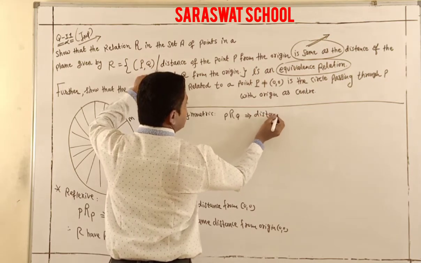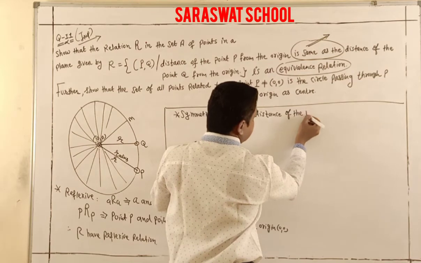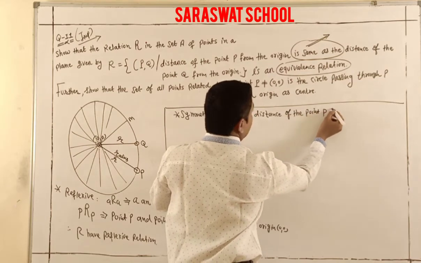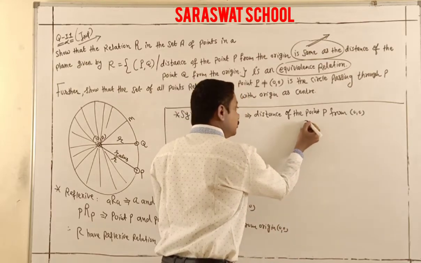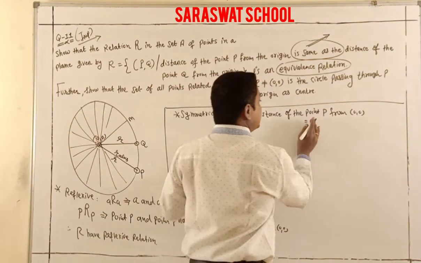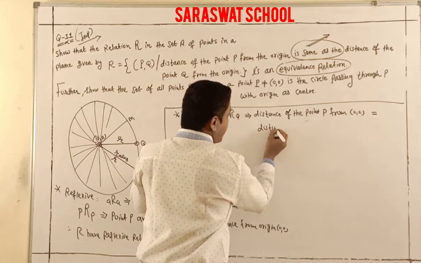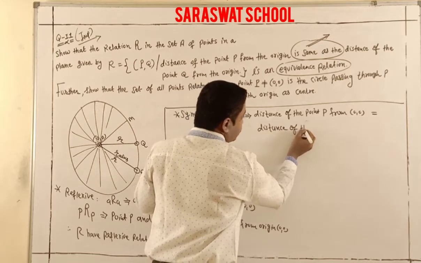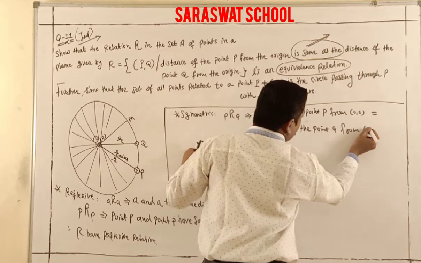The distance of the point P from the origin is equal to the distance of the point Q from the origin. Why equal? Same, given.